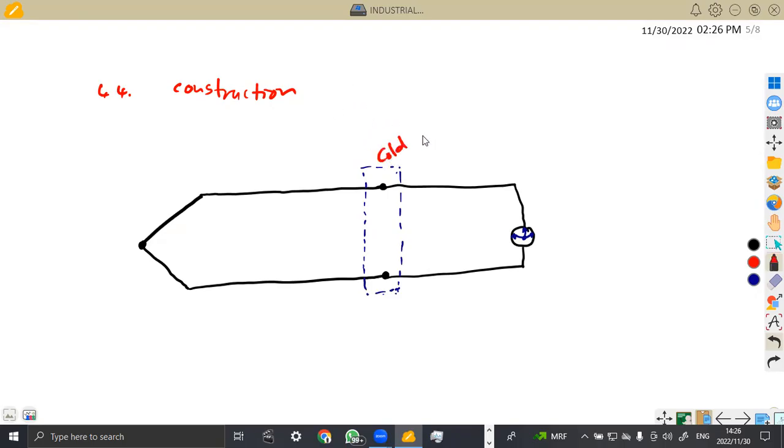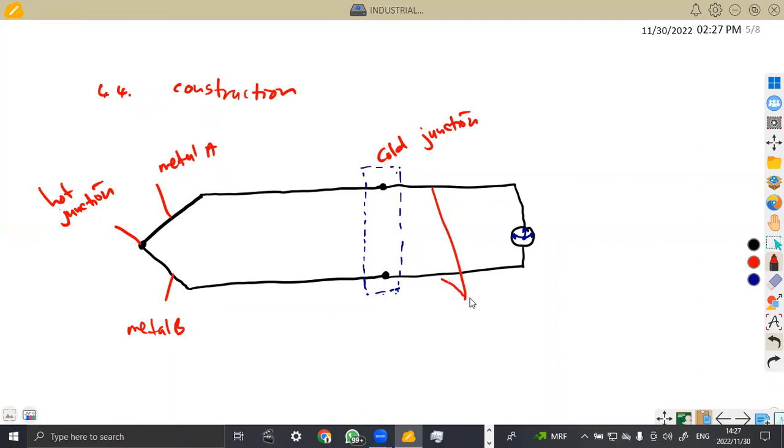So we have a cold junction and the hot junction at this point. Then we've got two metals, metal A and metal B, depending on what you are given. Then the connecting wires, and that's our meter here. I think everything is there.